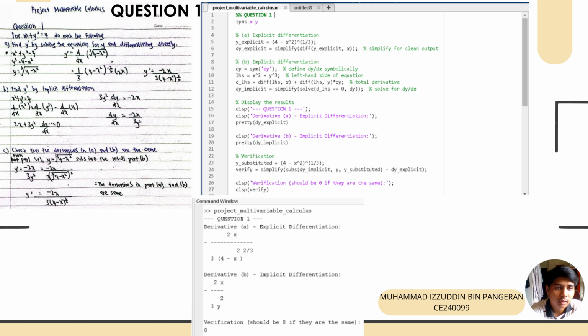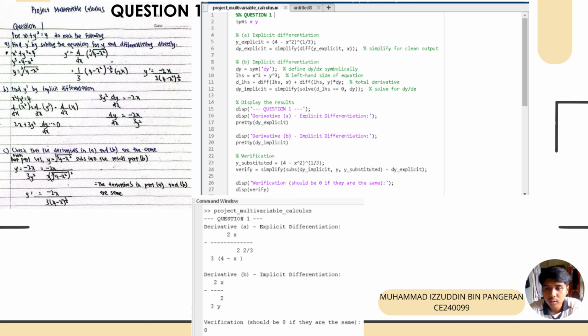For question C, which is to check that the derivative in part A and part B are the same, after substituting, I confirm both methods give the same derivative. So for the manual calculation, the derivatives in part A and part B are the same.